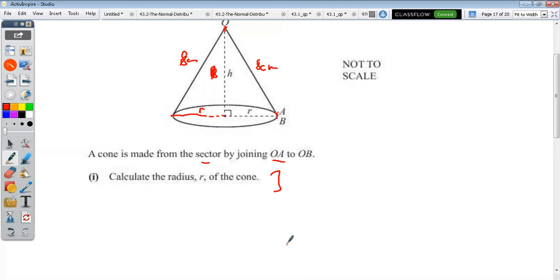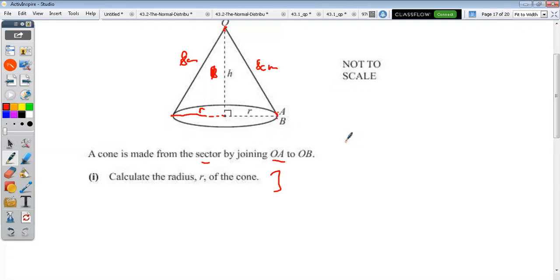Can't we use the circumference of the circle? Because the circumference is the length of A to B, right? No, the circumference is the base. Yes, the circle.